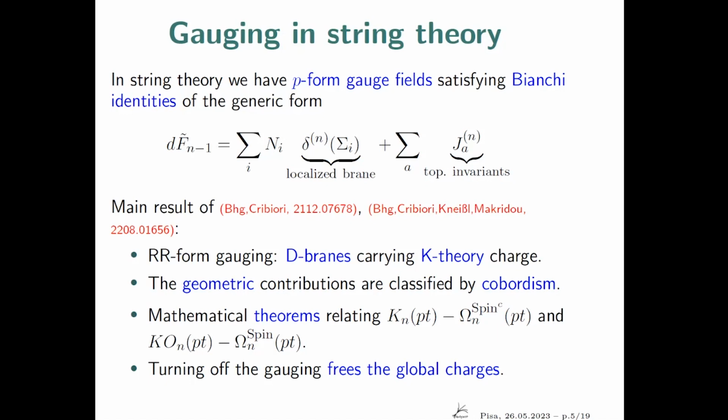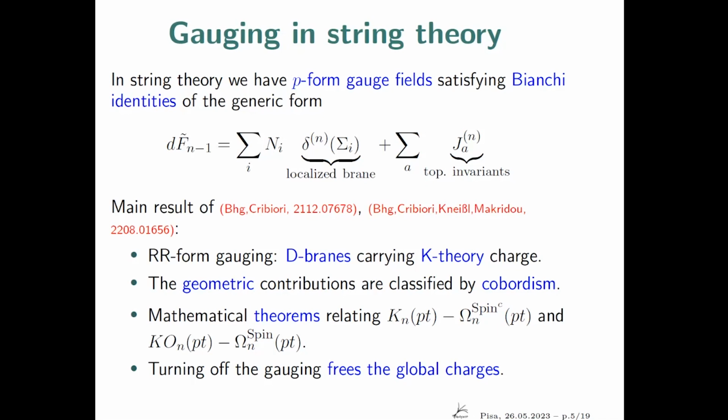So we have generalized Bianchi identities of the following form. On the right-hand side, usually we have various objects. We have D-branes that couple to, say, the Ramond-Ramond field. And in addition, we have other contributions, which often come from the Wess-Zumino or from the Chern-Simons term of the D-brane action. And these are usually expressed in terms of topological invariants.